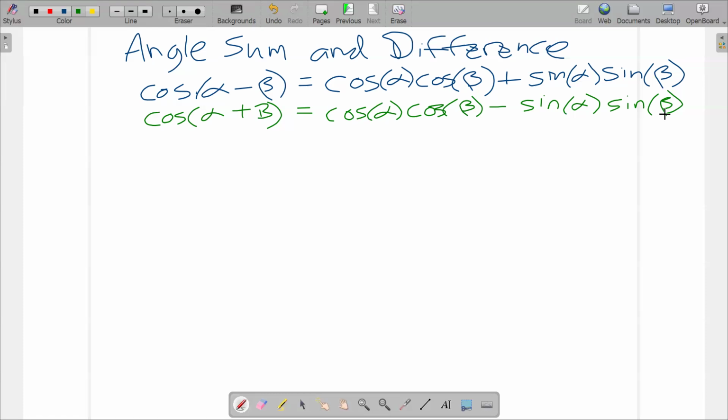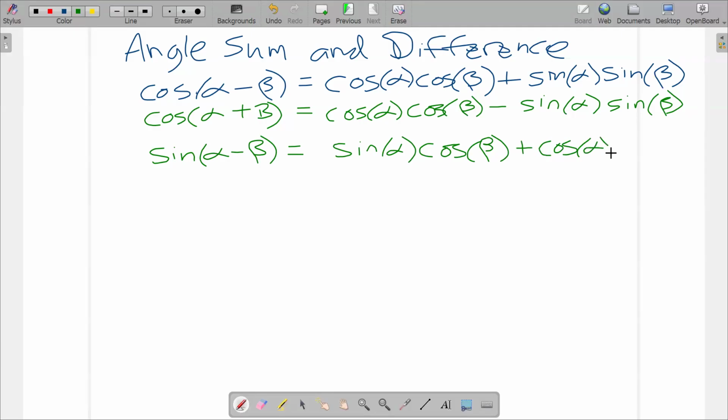After such a shift by pi over 2 of this angle right here, we get a sine difference formula that ends up being the sine of alpha cosine of beta. There's the shift, we switch a sine with a cosine, minus the cosine of alpha sine of beta.